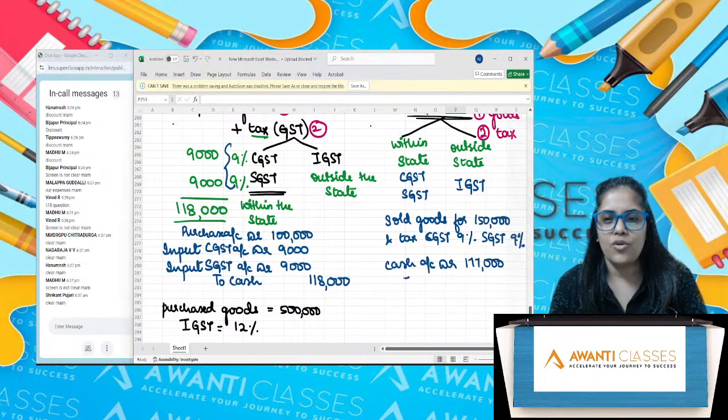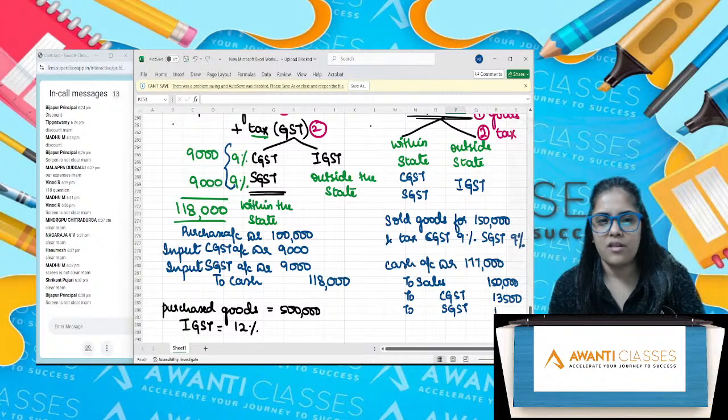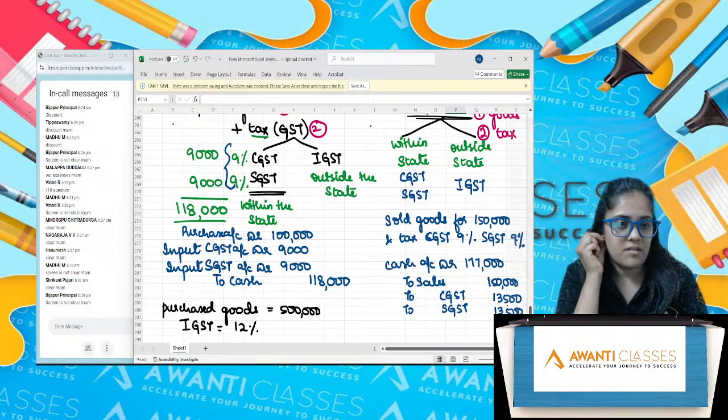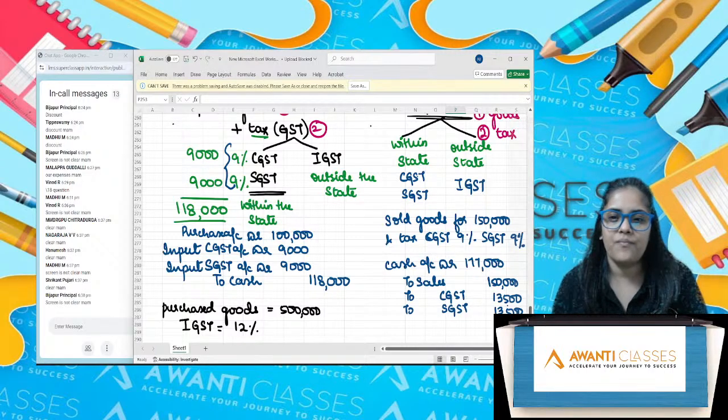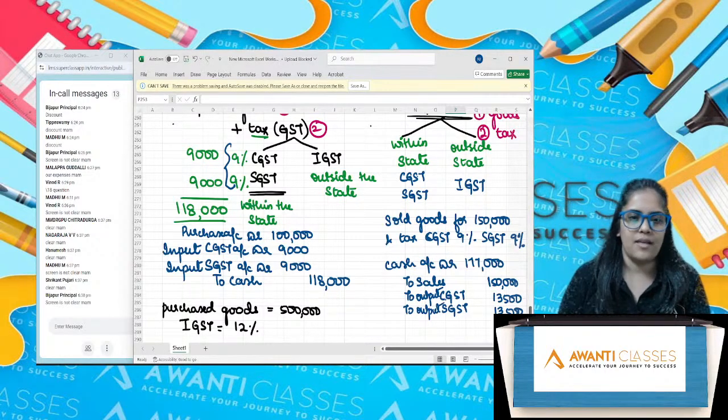How? Towards goods 1,50,000, and towards CGST 13,500, and towards SGST 13,500. And at the time of sales, it will be called as output CGST, output SGST.